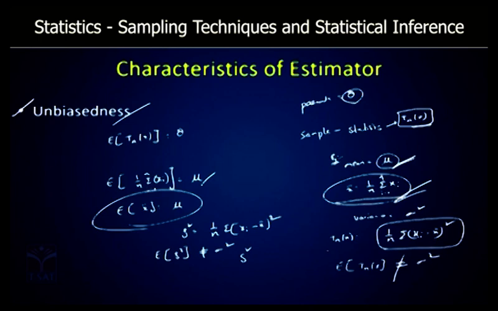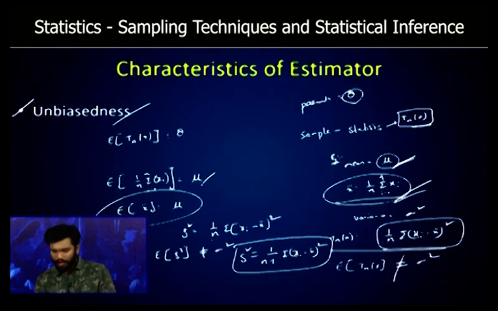So for Tn of x to be an unbiased estimator, I have to consider one more function just to make it an unbiased estimator. So I'll consider capital S square is equal to 1 by n minus 1 into summation xi minus x bar whole square. Remember, small s has n here, capital S has n minus 1, that is the only difference.